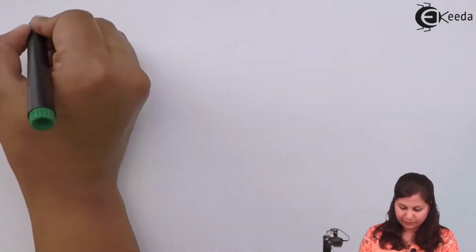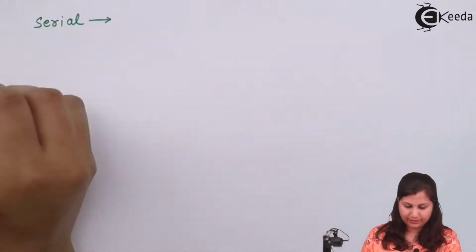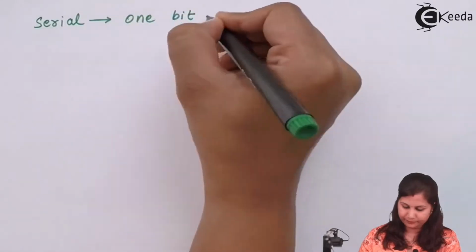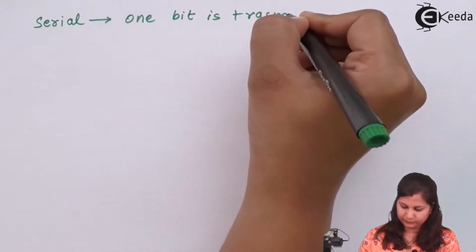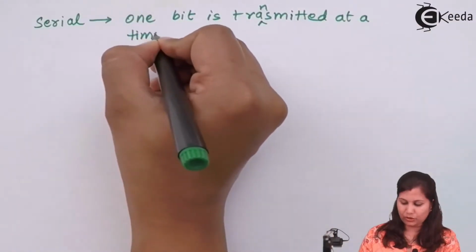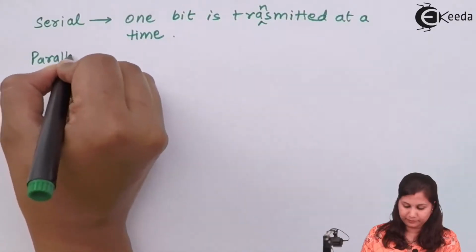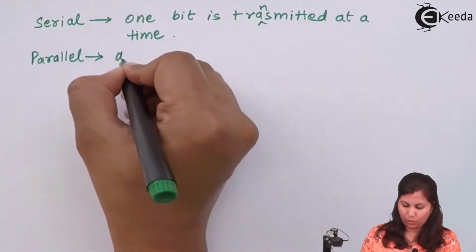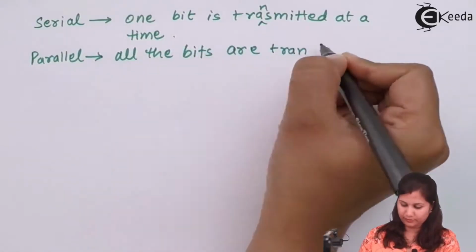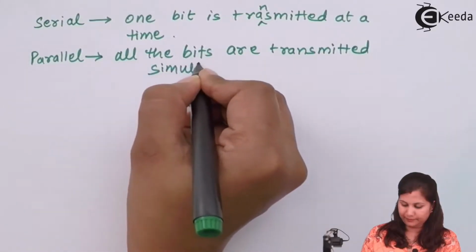In serial transmission, as I have said, one bit is transmitted at a time, whereas in parallel all the bits are transmitted simultaneously.